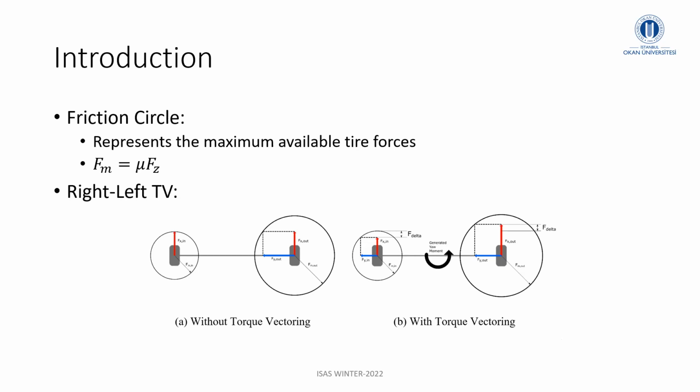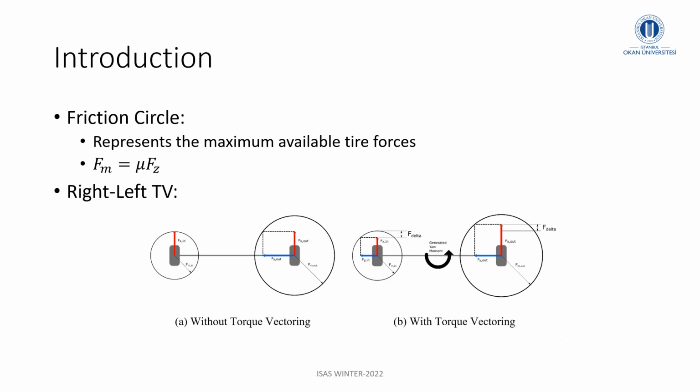For a longitudinal driving force, without TV, the longitudinal driving force is similar for both the tires. And here the longitudinal driving force is restricted by the inner tire as it has less potential. Overall, we can see that the resultant for the inner tire is equal to the longitudinal force. So with TV, this longitudinal force is decreased, and this difference is then added to the outer tire.